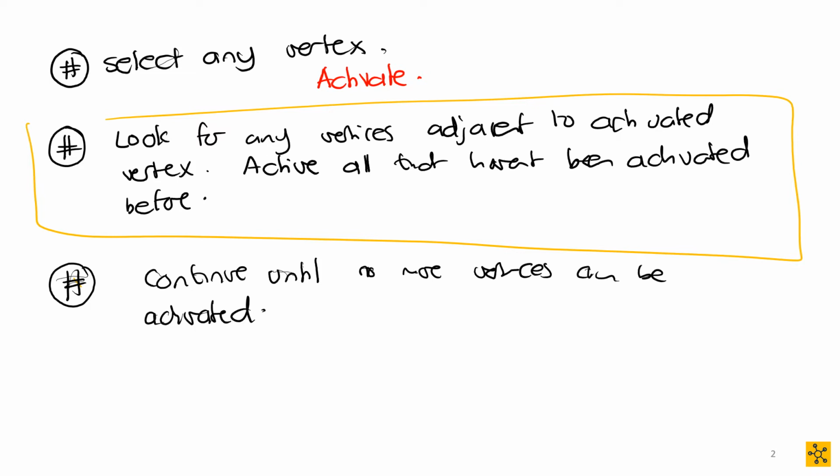So this one seems a little bit quicker, but the really interesting thing is this one's actually going to be slower computationally. And that is something you should just start thinking about, because remember, a lot of your stuff is not going to necessarily be done by hand, it is going to be done by computers. If your graph is really, really wide, in other words, one of your nodes is connected to a large majority of your other nodes, then when you activate all the adjacent vertices, there's going to be a bunch of nodes that you can activate.